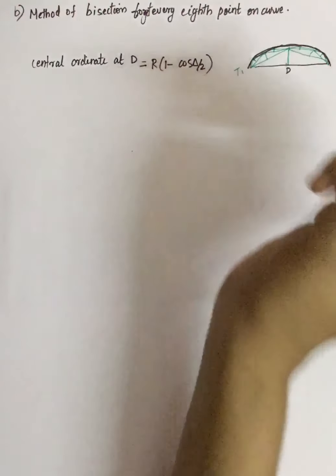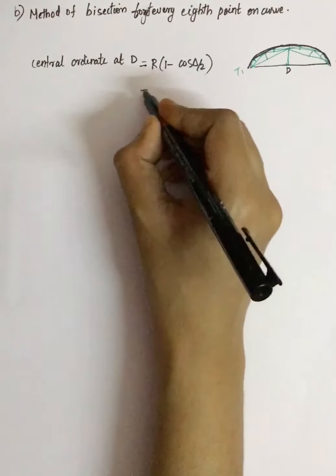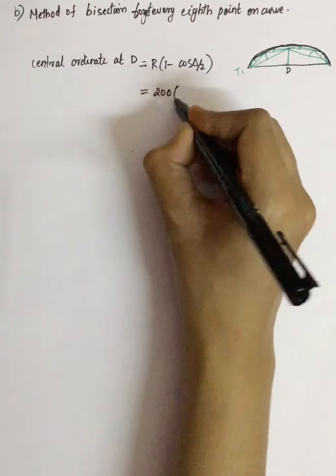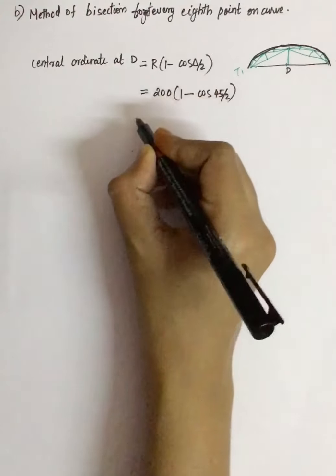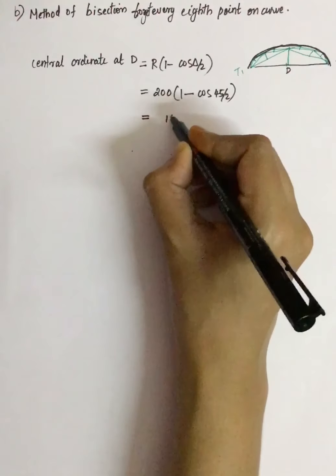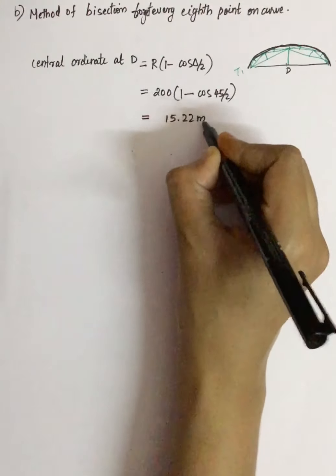This is the equation to find the mid ordinate M, right? R into 1 minus cos delta by 2. So you remember the value R, 200 into 1 minus cos 45 by 2, and you will get it as 15.22 meters.